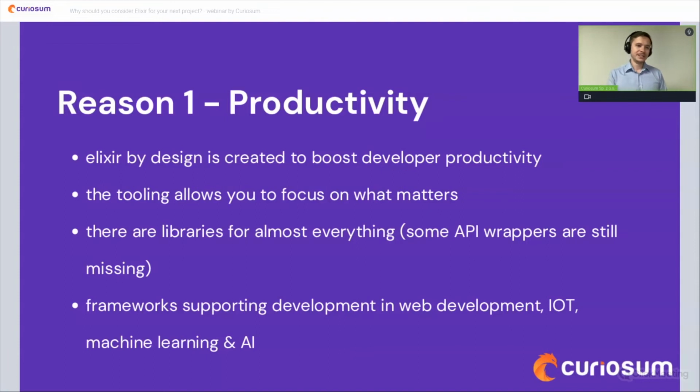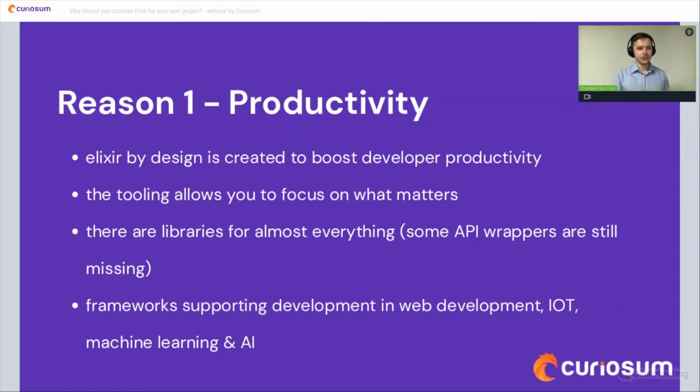So Elixir by design was created to be productive. There are a lot of tooling things inside of Elixir that were there from the beginning that allow you to do the work efficiently. So you don't have to worry about the tooling, and you can focus on what matters.